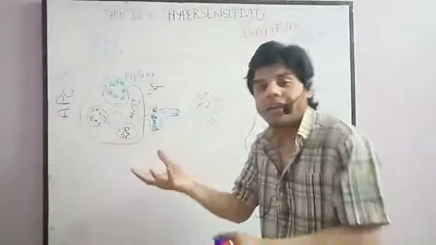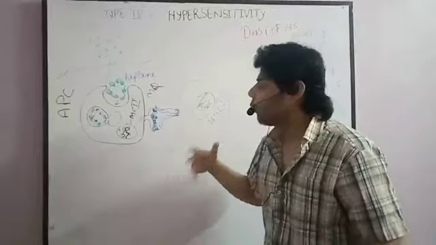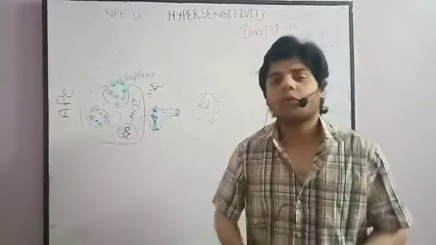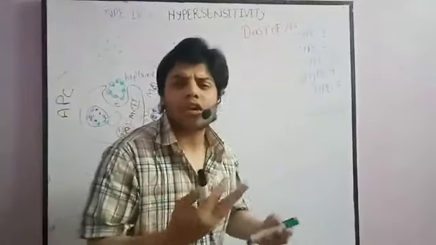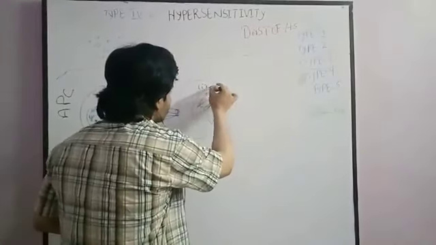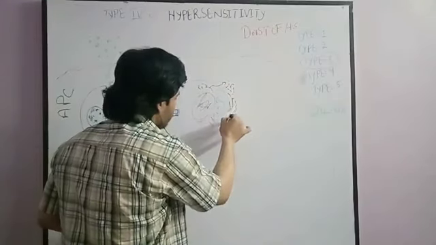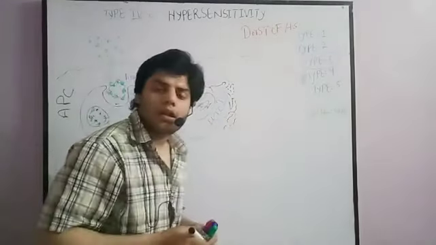After this, when helper T cell 1 receives the signals, what actually happens? It will release different kinds of chemicals, as you are watching. These are the chemicals.